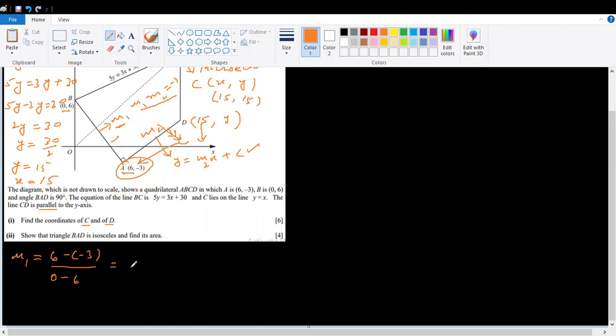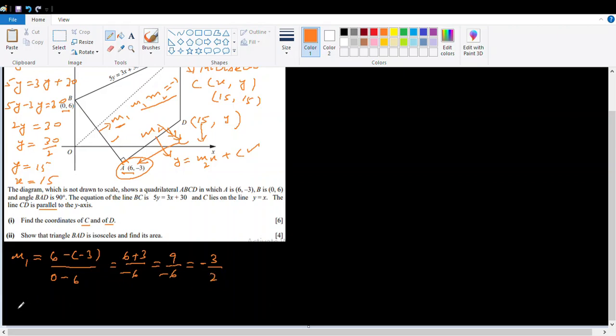That is equal to (6 plus 3) over minus 6, that is 9 over minus 6, which is equal to minus 3 over 2. So m1 is minus 3 over 2.